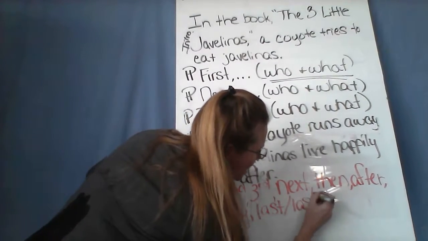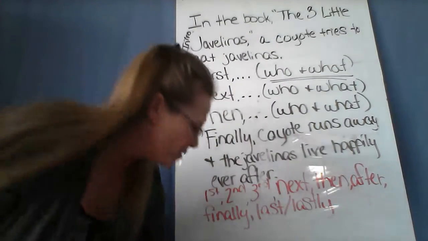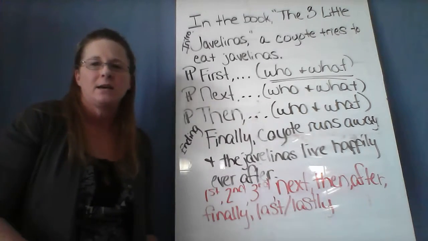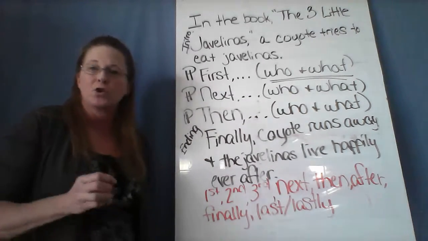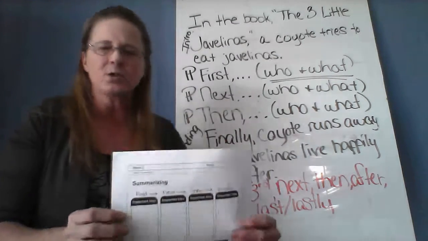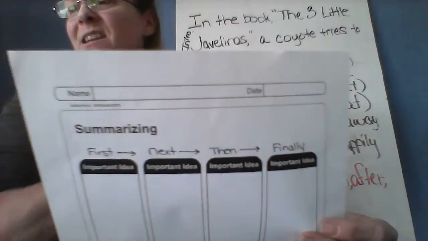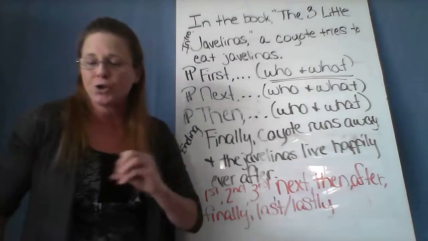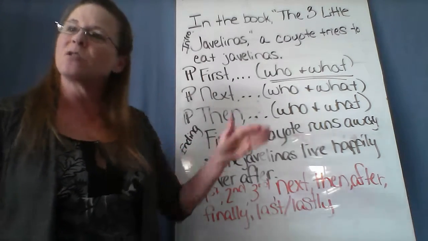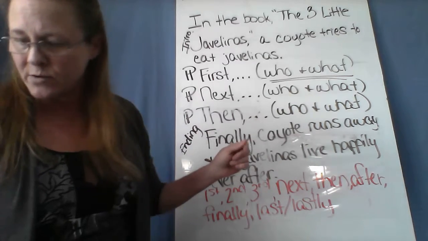Okay? I want you to write one of these words at the top of your box as a reminder that you are moving from one section to another. You are transitioning from one idea to another. So as you can see here, I've written above my boxes, first, next, then, and finally. I want you to choose the words that you like the best, write them above the boxes so that when you start to write, you remember to use those transitional words, okay?